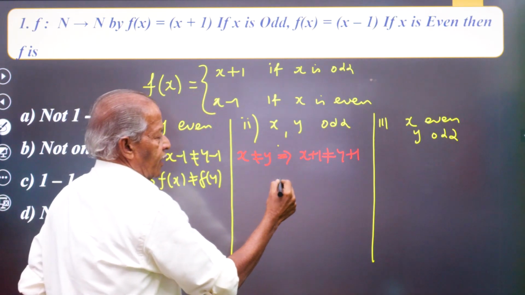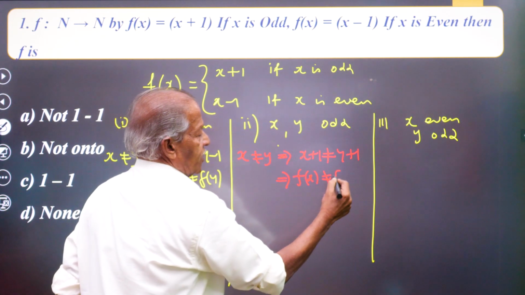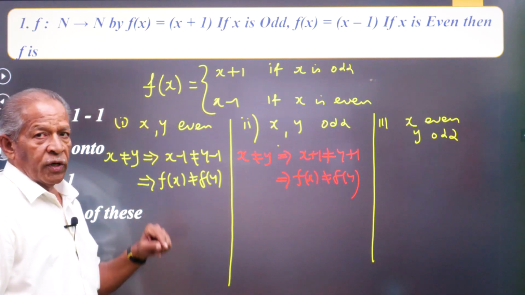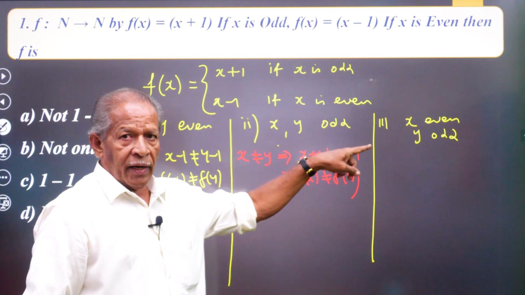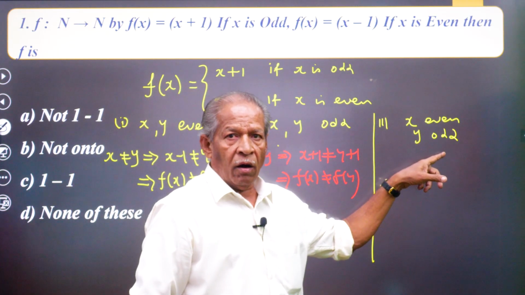So automatically this implies f of x is not equal to f of y. This also satisfies the one-one condition. The first case, both x and y are even. Second case, both x and y are odd. And another one, x is even and y is odd.